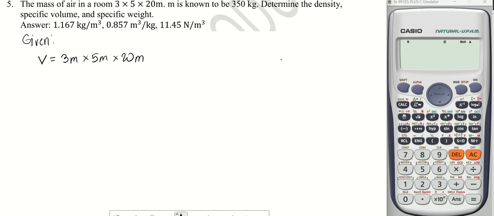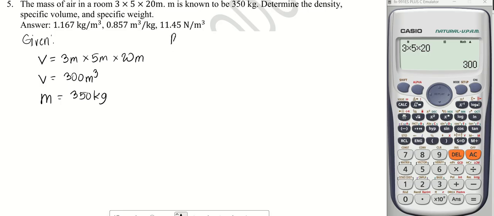We will compute our dimensions so that we can get the actual volume. So 3 times 5 times 20 is 300. So therefore, the volume is 300 cubic meters. The next one is the mass, which is 350 kilograms. So no more given now.